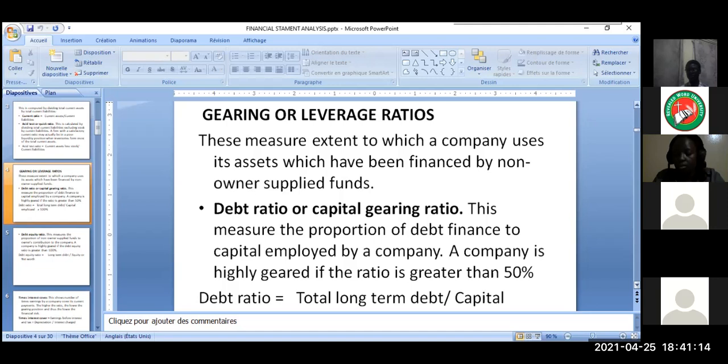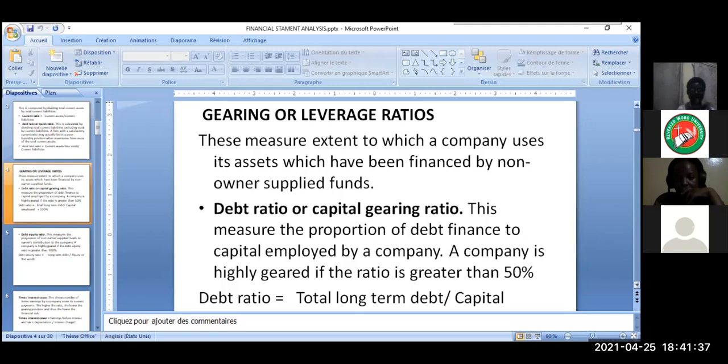Now, if you remember very well, where do we get the total long-term debt in the balance sheet? Because in the balance sheet, remember, we have 4 elements. We have current assets, non-current assets, current liabilities, non-current liabilities. Okay, so this needs to be by heart.